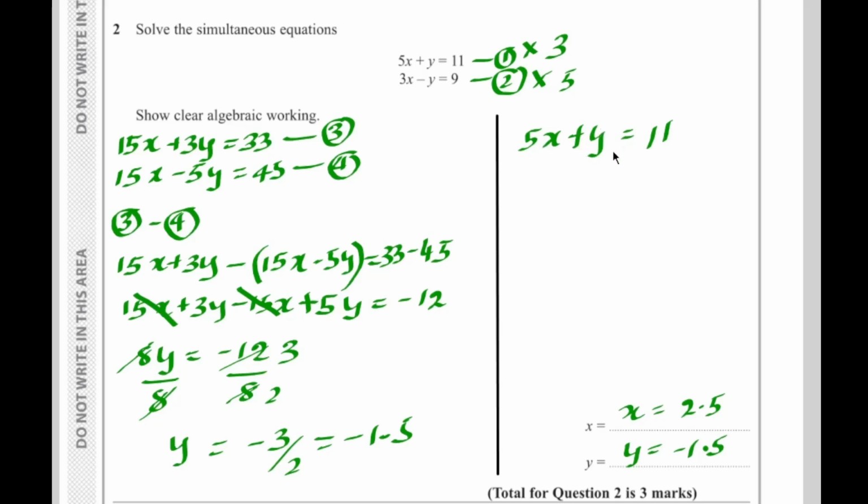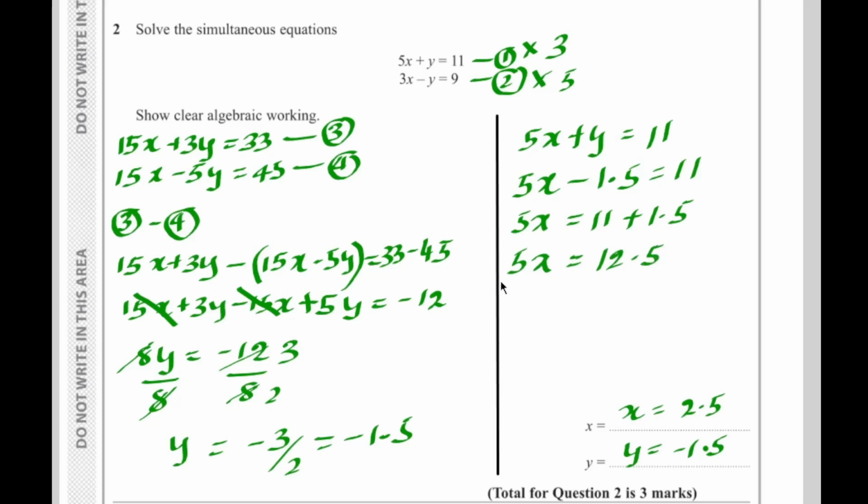So instead of y, we write what we got from the other equation. We got minus 1.5. So I'm writing 5x minus 1.5 equals 11. Then 5x equals 11 plus 1.5. 5x equals 12.5. Then I have to divide both sides by 5.